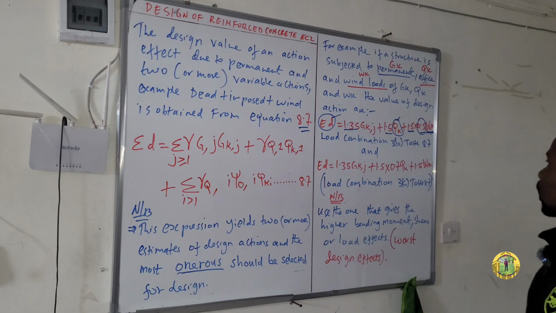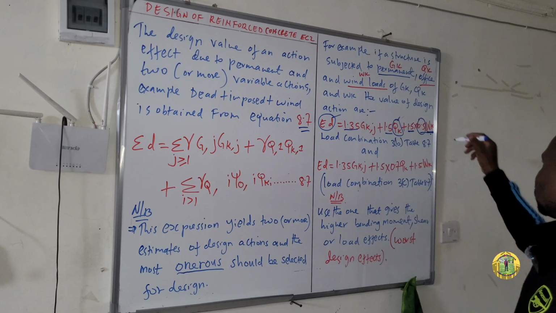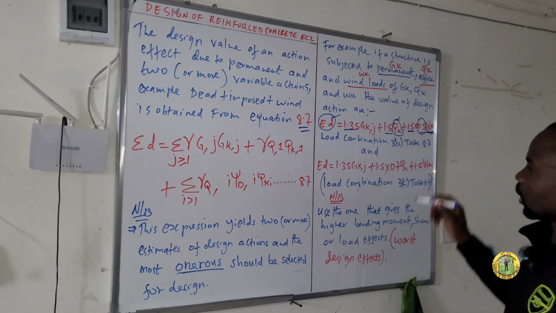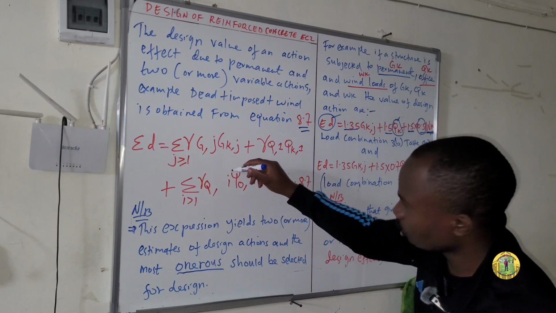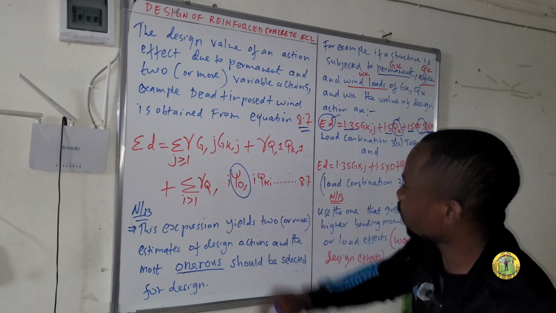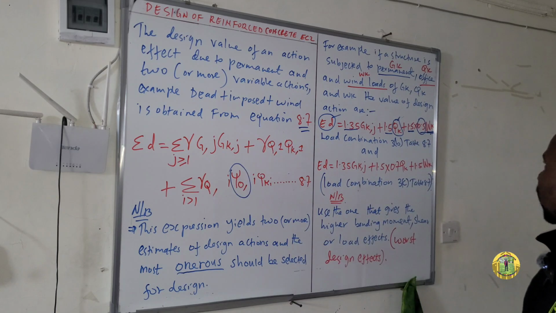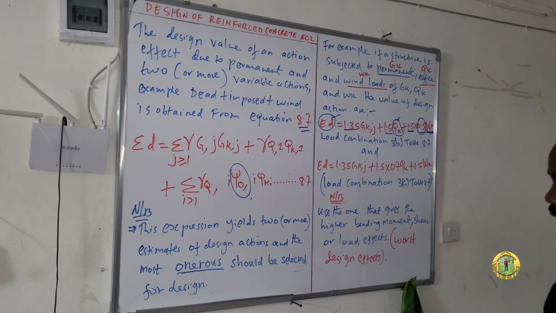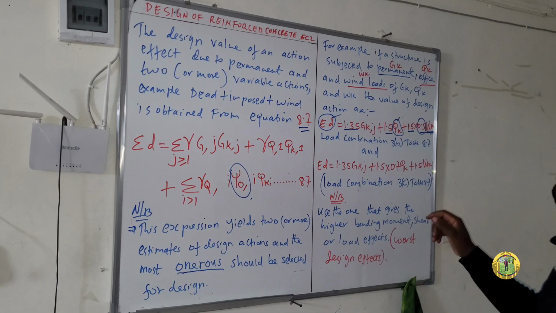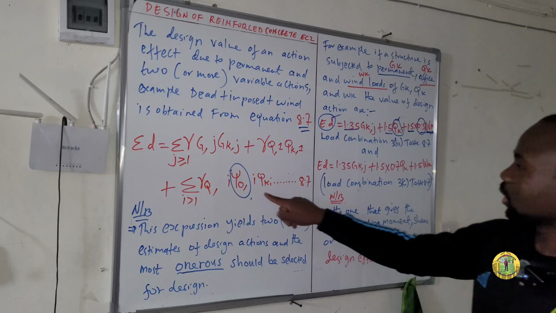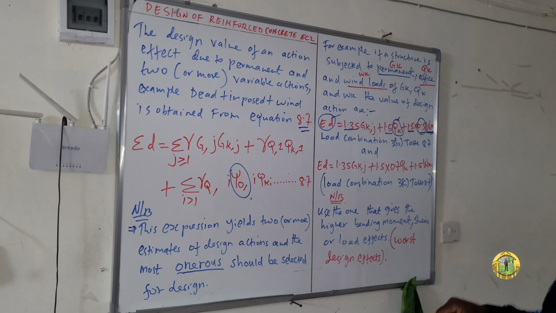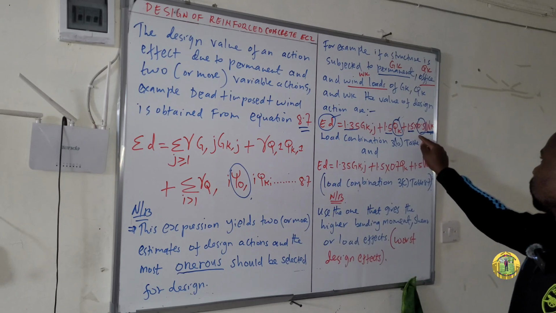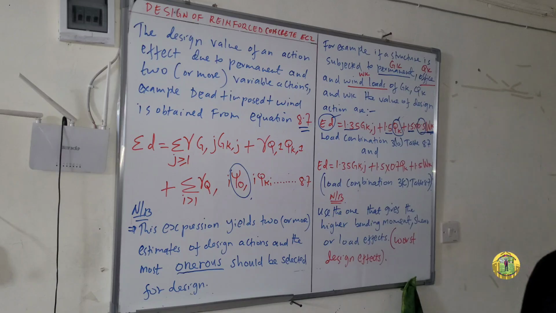It means this WK is supposed to be multiplied by this factor, and this factor is in a table. I think it is table 8.8. I'm going to show you how this factor, 0.5, is obtained in the table. So let me show you.